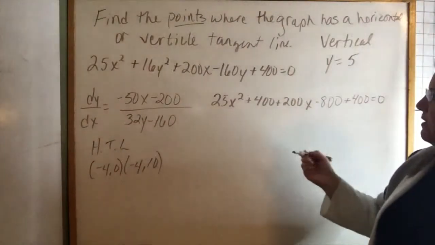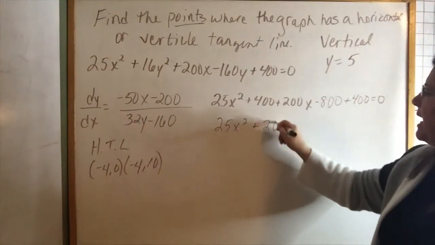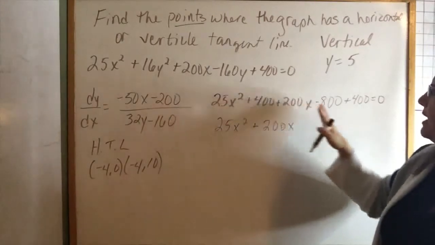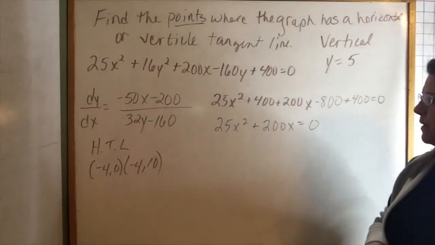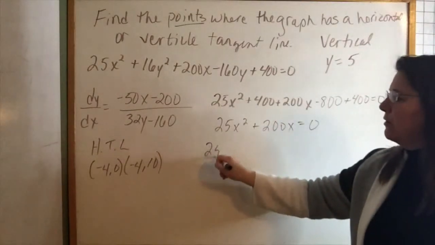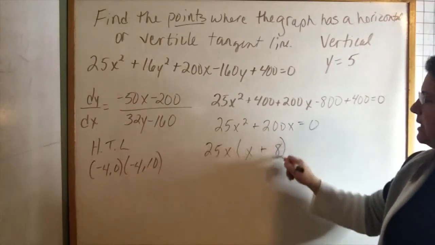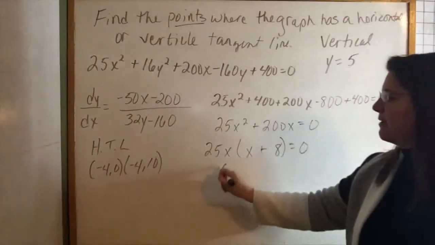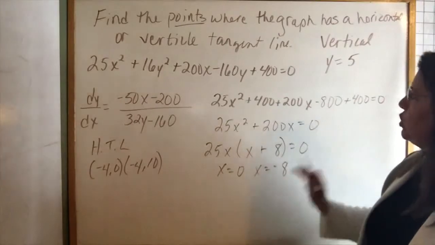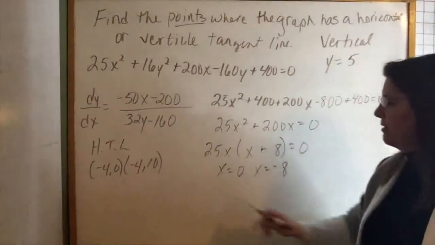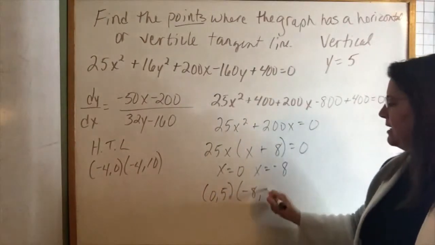Then if I simplify this, I've got 25x squared plus 200x. 400 minus 800 is negative 400, plus 400 is 0, so that cancels out again. I can take a 25x out to factor this. I'll be left with x plus 8 equals 0. So I have x equals 0 and x equals negative 8. So the two ordered pairs where we have vertical tangent lines are 0, 5 and negative 8, 5.